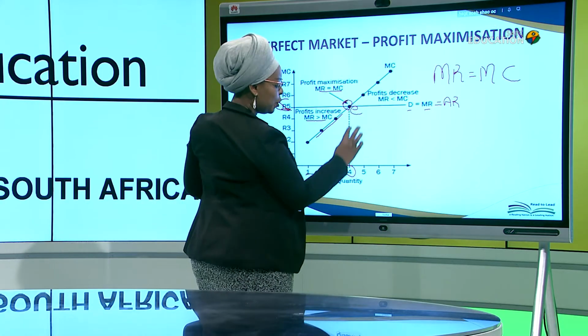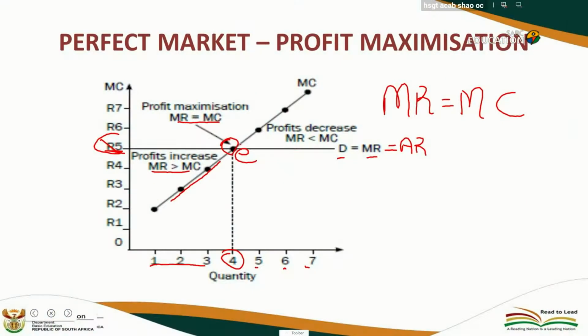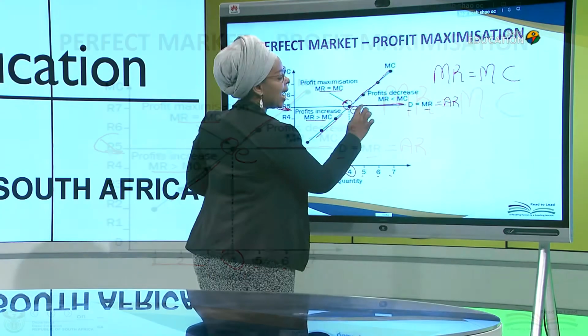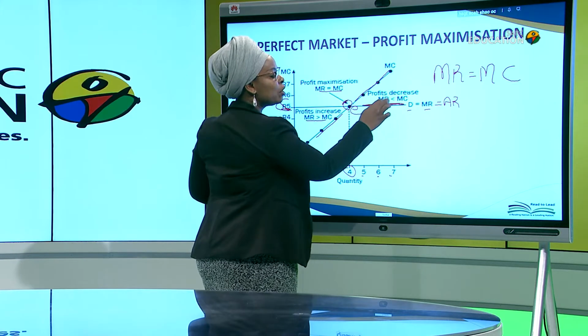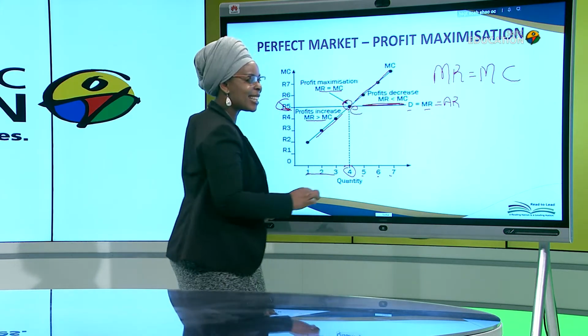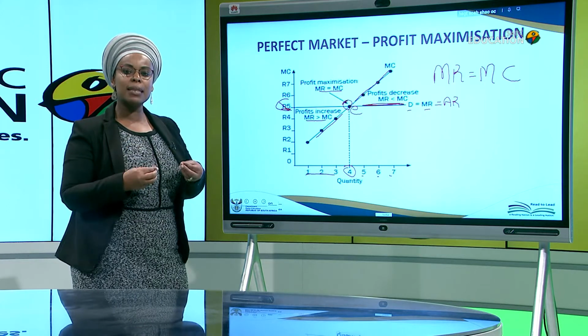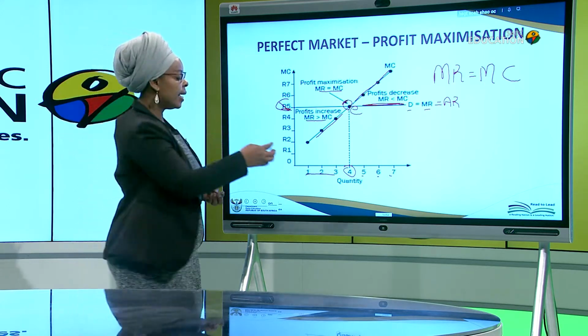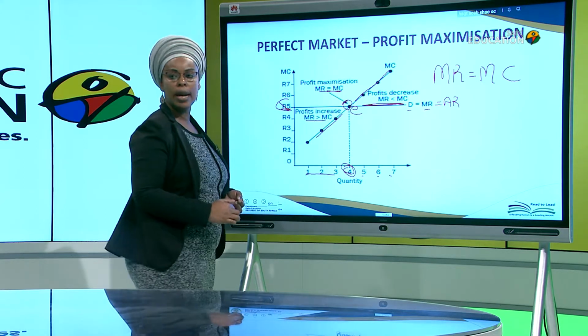That is when you will see that at output 5, 6, and 7, the MC curve is lying above the MR curve. What does that mean? It simply means that profits start to decrease because MR is less than MC. So the only output that will take the business to maximum profit is output 4, where MR is equal to MC.